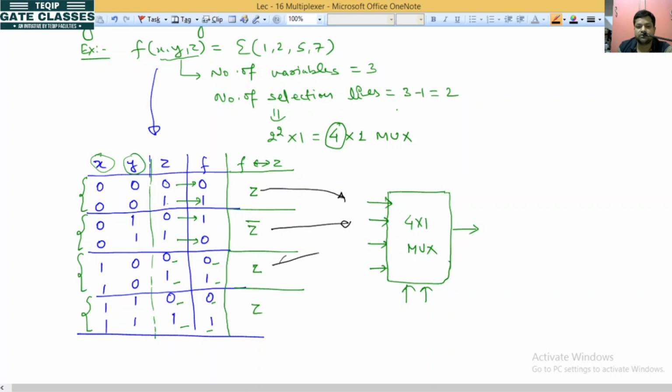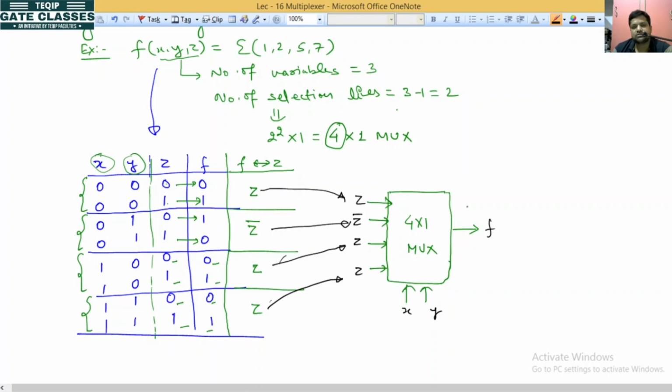So it will be Z, Z bar, Z, Z. Now on the selection lines we have X Y, and the output is F. This is the procedure to implement a Boolean function with the help of a smaller size mux. Okay?